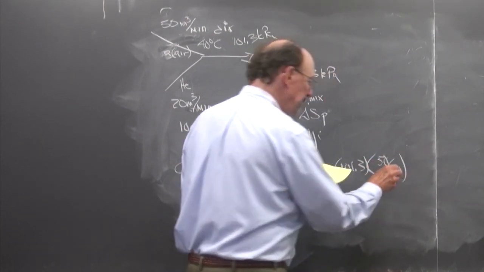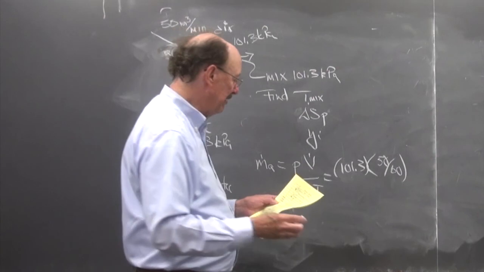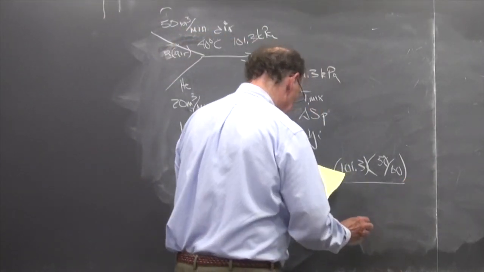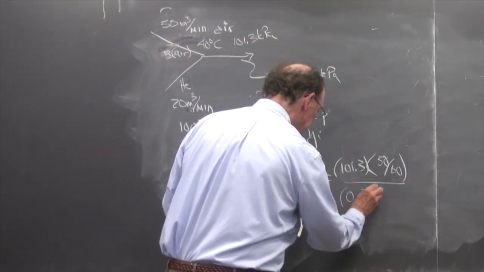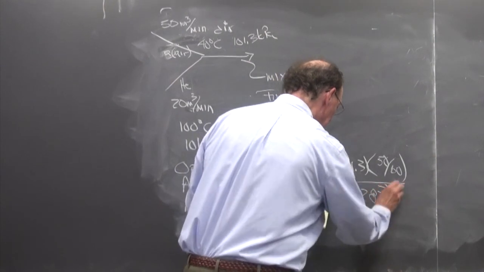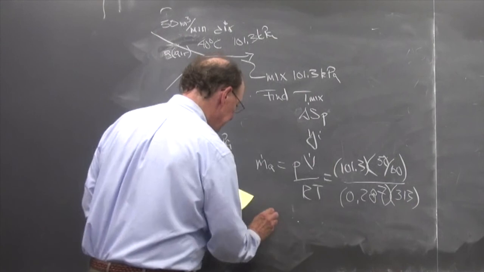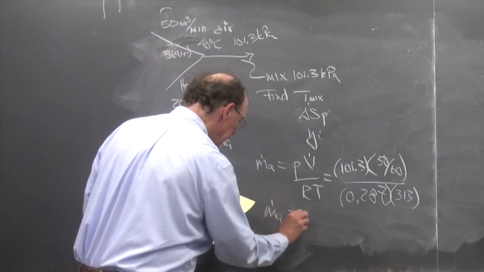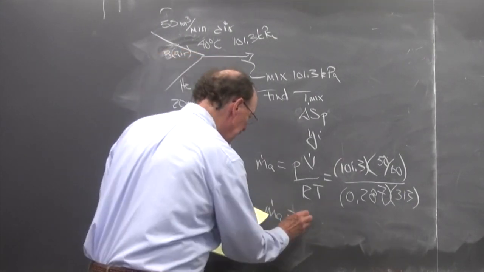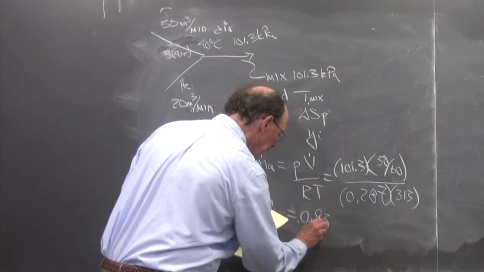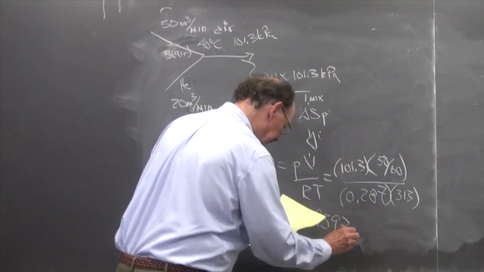Again, I need to get things on a second basis away from minutes. Divided by R, 0.287, times 313 degrees K. So the mass flow rate of the air is equal to 0.9397 kilograms per second.